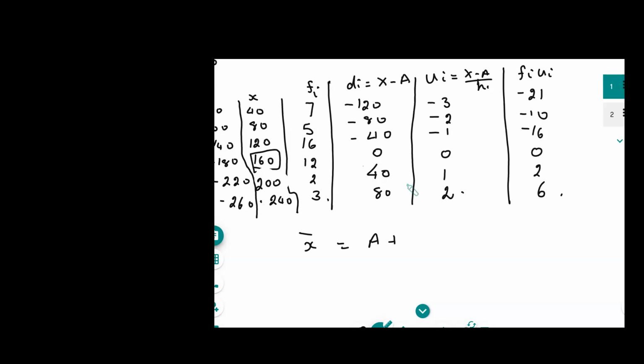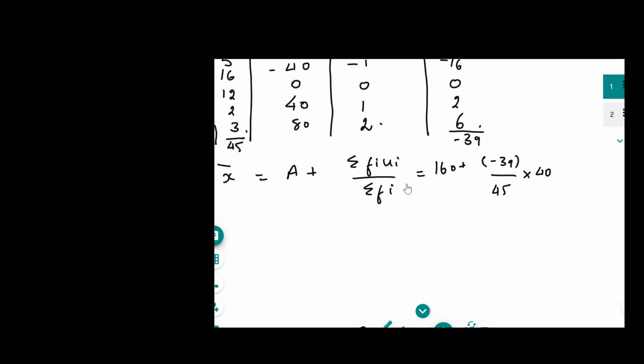Now we know x bar is equal to a plus sigma Fi Ui by sigma Fi, times h, where a stands for the assumed mean. Substituting the values, that gives you 160 plus, when you add Fi Ui, minus 39, divided by sigma Fi, which is 45, into the class size h, which is 40.